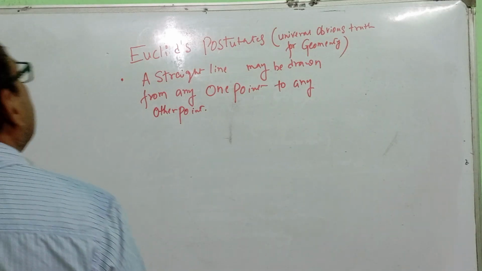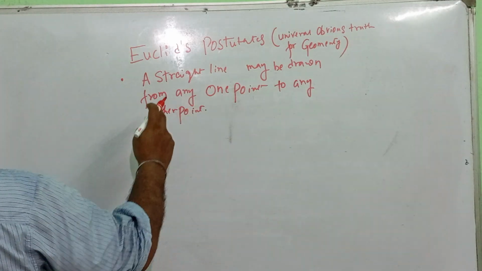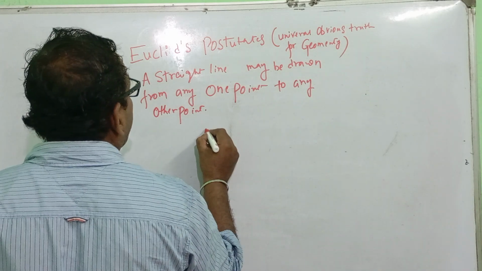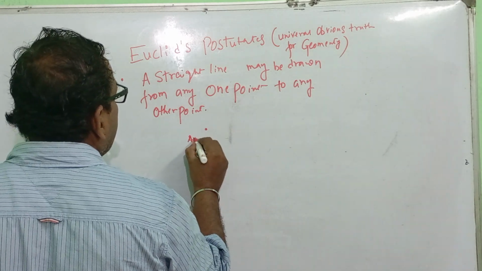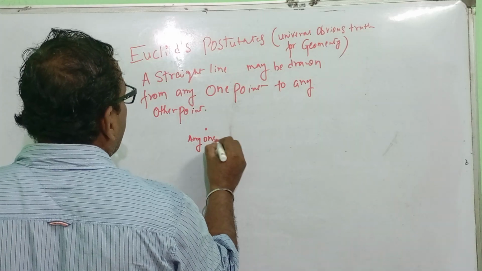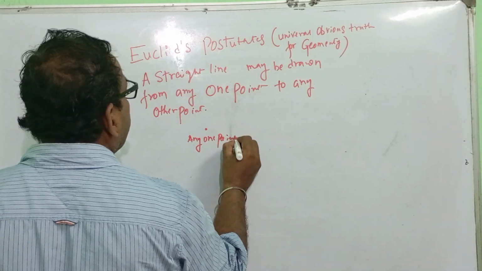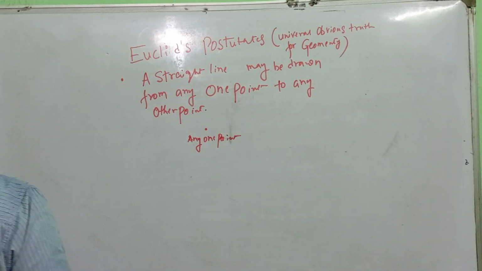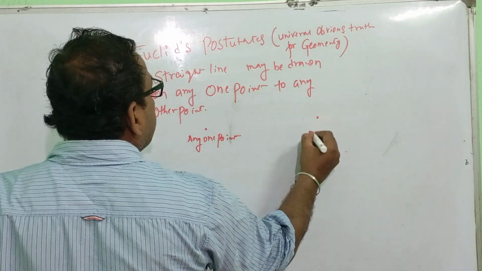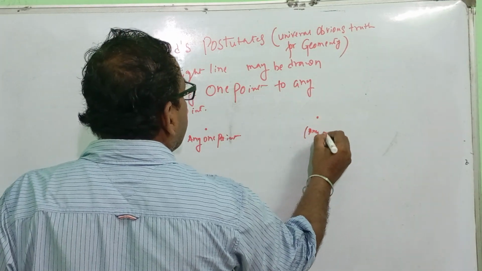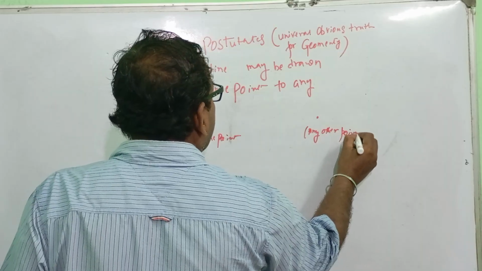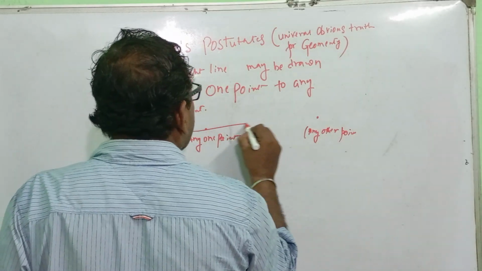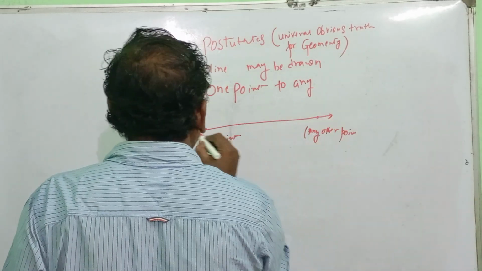What is the meaning? A straight line may be drawn from any one point to any other point. Let's say this is a straight line.